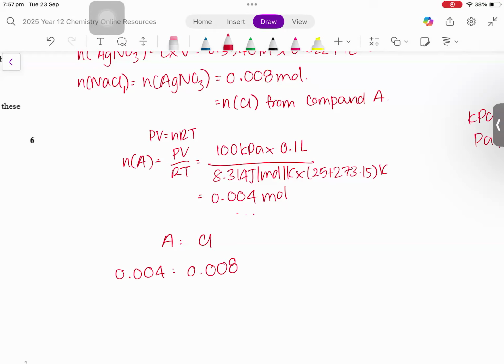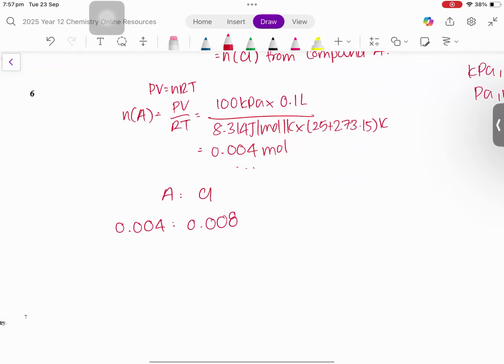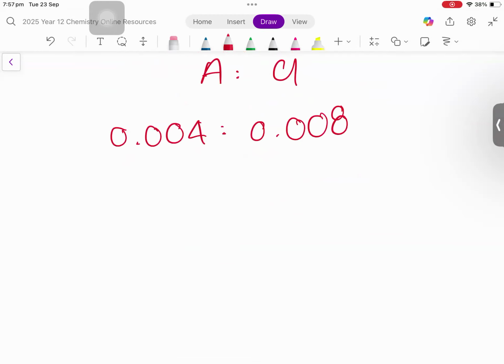One to two. 0.004 to 0.08, that's already a ratio, but if I simplify it, it's a 1 to 2 ratio. What that means is a molecule of compound A contains 2 chlorine atoms.